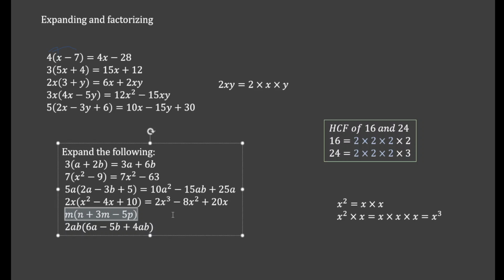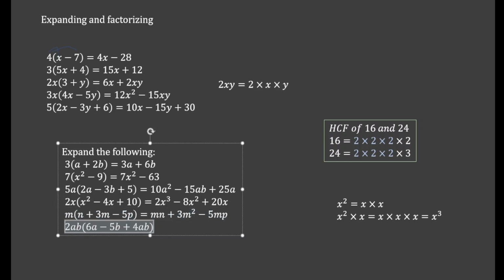Kanye, give me this one. I get mn plus 3m squared minus 5pm. Yep. It could be MP, PM. Generally it will be in the order, so yes, plus 3m squared minus 5MP.